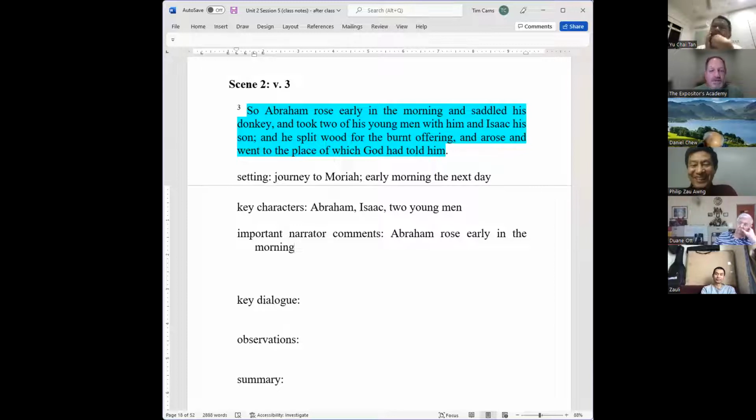So we have to be careful we don't add in details that the author doesn't include. And that's very tempting and hard to avoid, to put in thoughts and feelings and motives that may or may not be there.